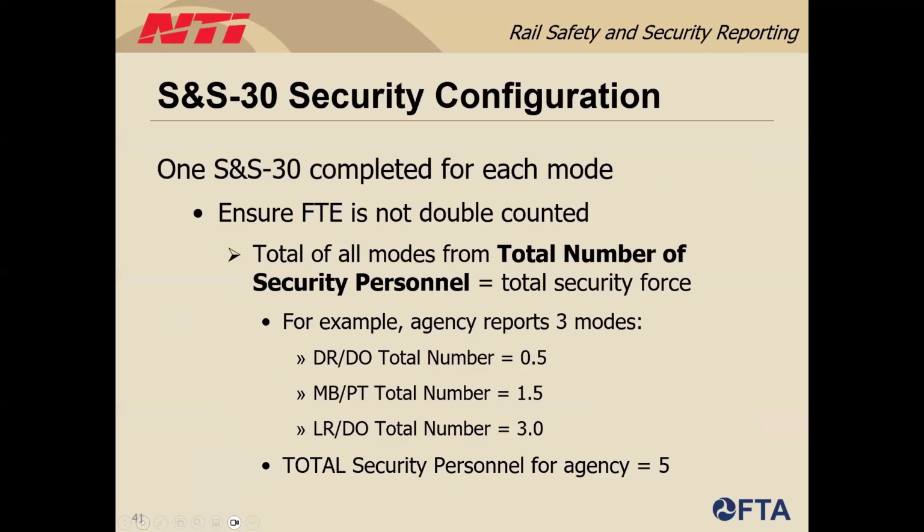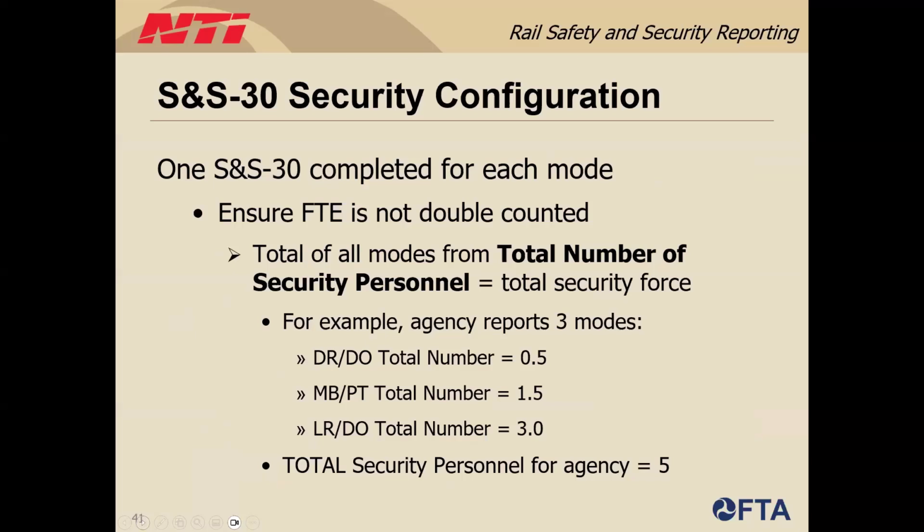The value in the total number of security personnel from each of the SNS 30 forms that you complete should equal the total number of personnel the agency employs or contracts with.